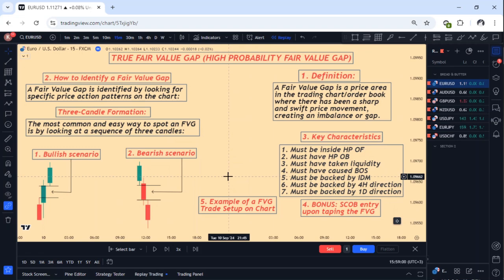Now let's go to the key characteristics of a high probability fair value gap. Mostly I use 15 minutes to identify them, but you can use any time frame provided you combine at least two higher time frames. Let me give an example.